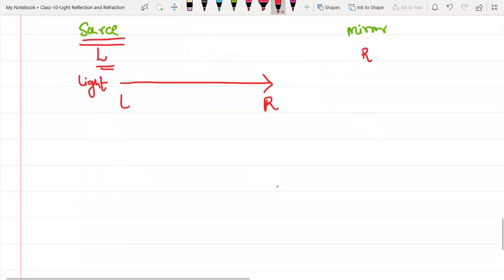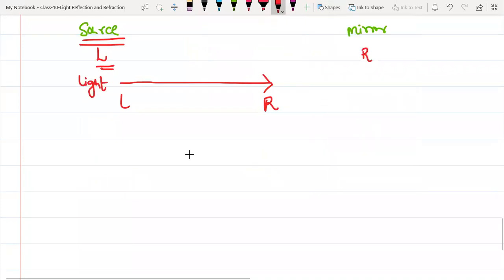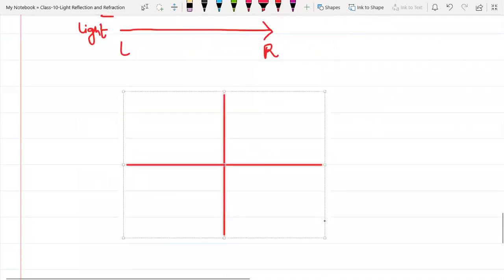And in mathematics, guys, do you know anything about the Cartesian plane? If you see, this is the Cartesian plane, isn't it?